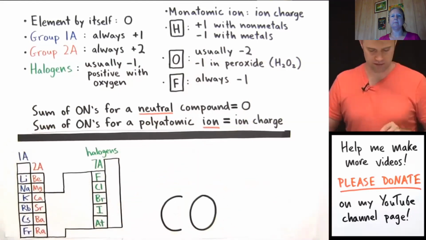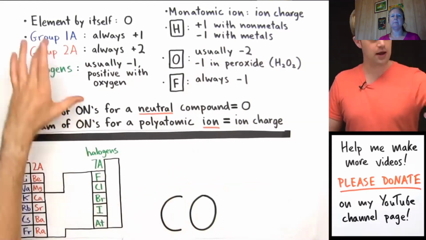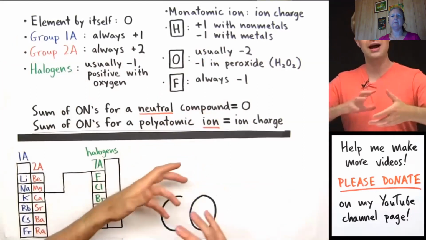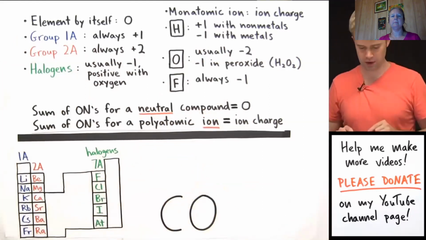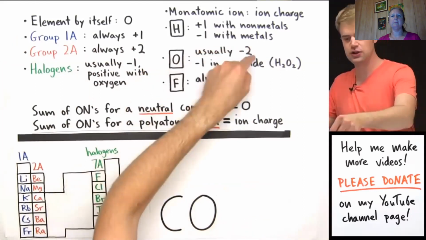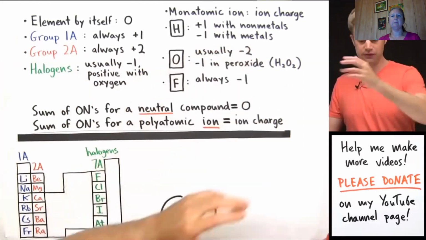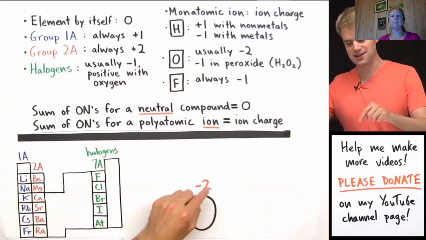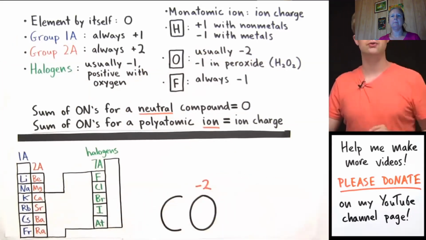CO, carbon monoxide. Let's figure this one out. Okay, so C here, there isn't any rule for carbon. So we'll have to figure it out based on what we do know. Oxygen is usually minus 2, unless we're in a peroxide. Definitely not a peroxide. So we can safely say that oxygen's oxidation number is minus 2.